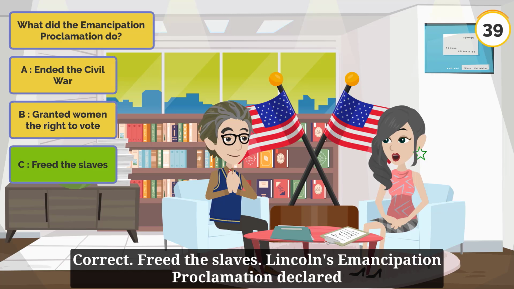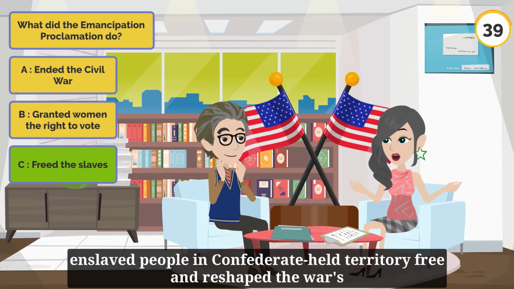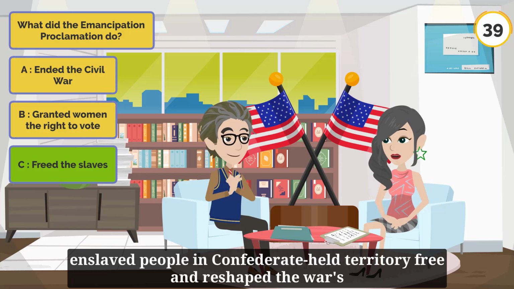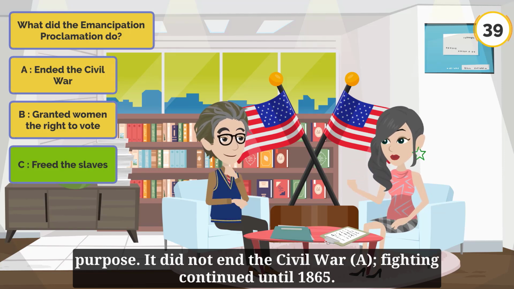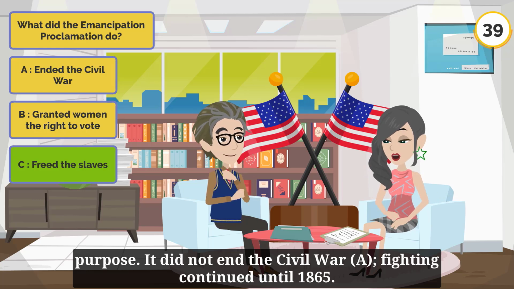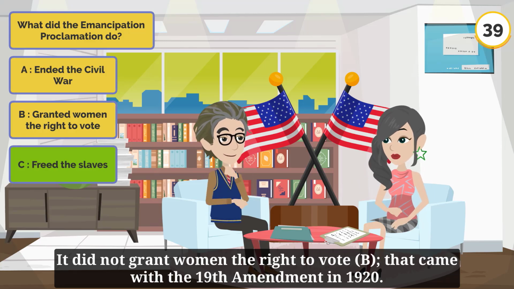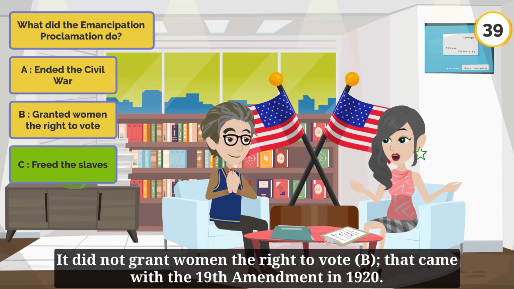Lincoln's Emancipation Proclamation declared enslaved people in Confederate-held territory free and reshaped the war's purpose. It did not end the Civil War, A. Fighting continued until 1865. It did not grant women the right to vote, B. That came with the 19th Amendment in 1920.